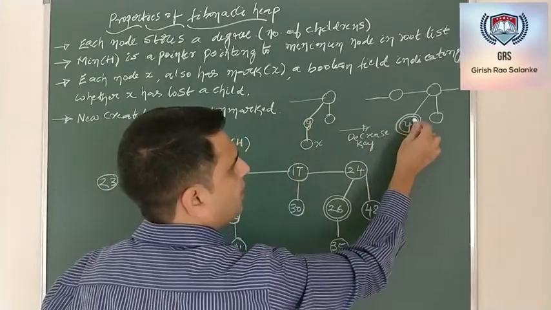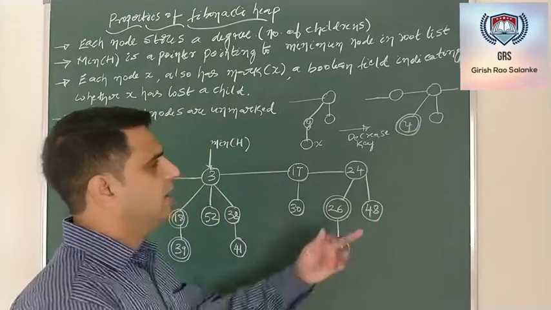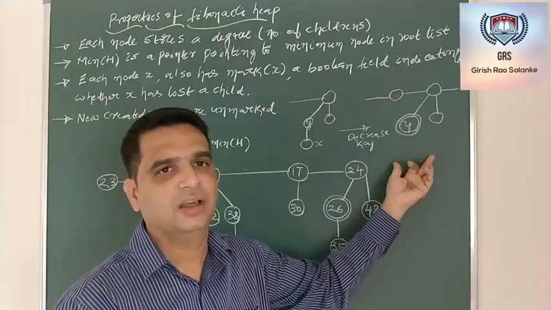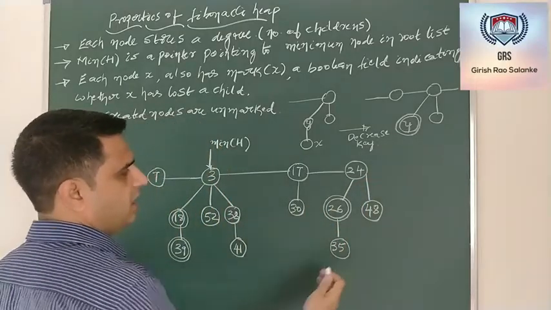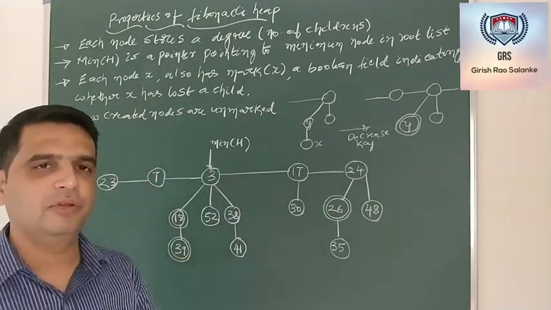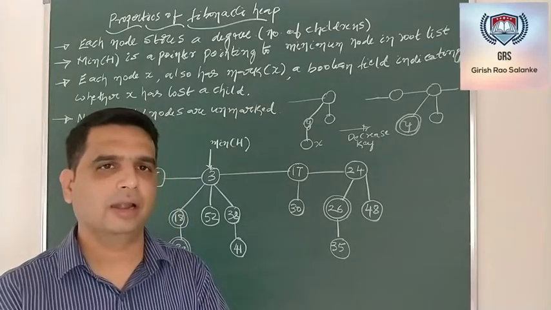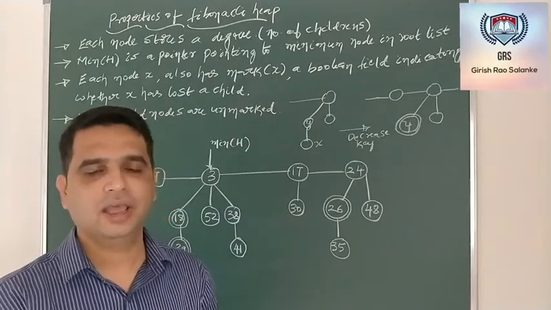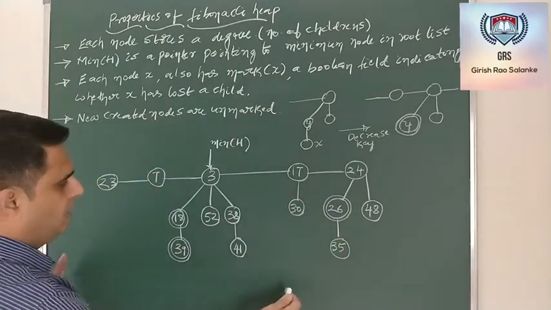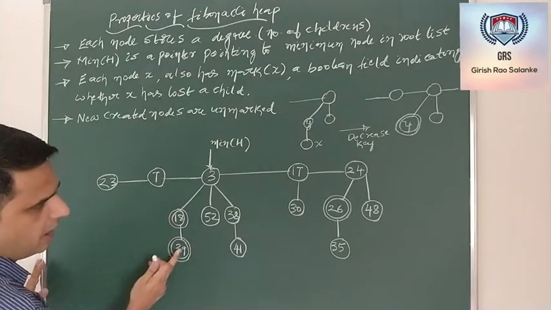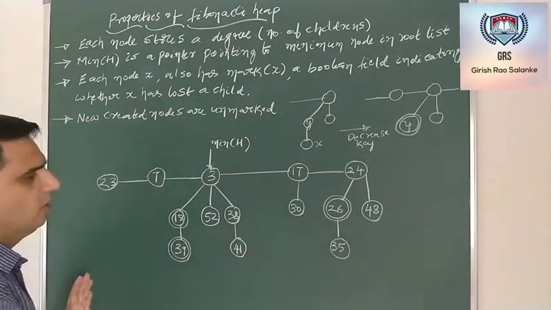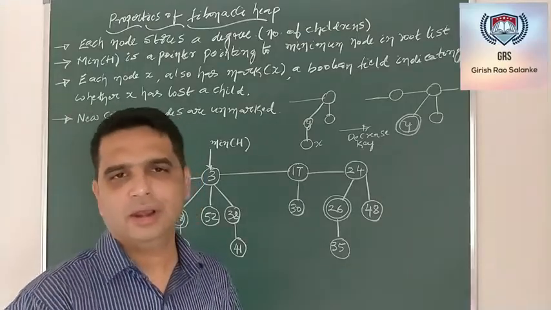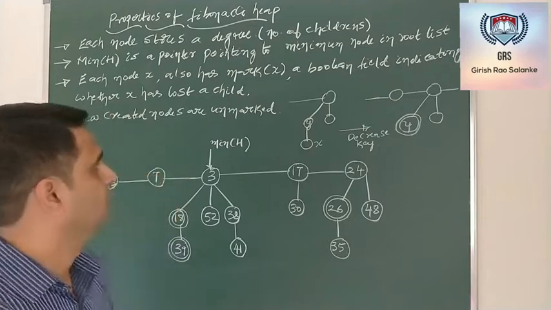So this y, if it is marked, it implies that due to some operation, it has lost its child. So in a Fibonacci heap, each node can either be marked or unmarked. If it is marked, then it implies that that particular node has lost a child. So in this example, node 18, node 39 and node 26 are the marked nodes, which tells that their children were lost due to some operation.